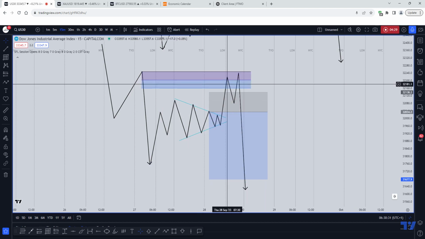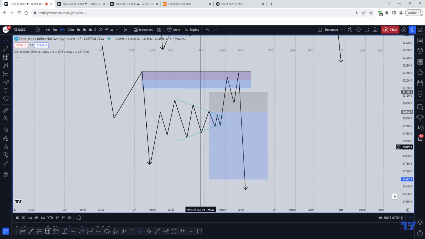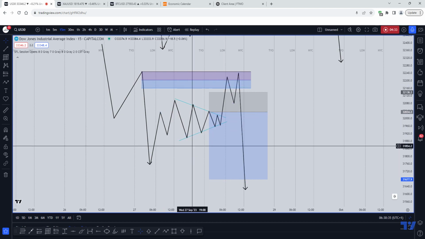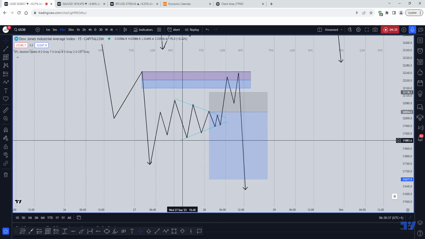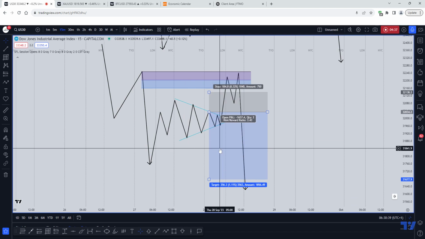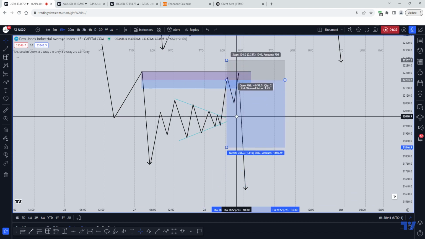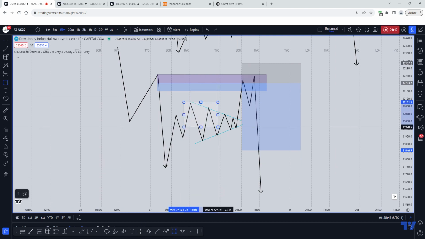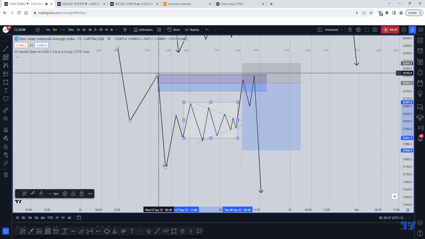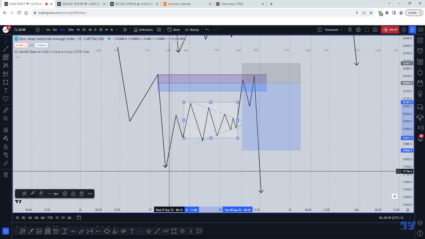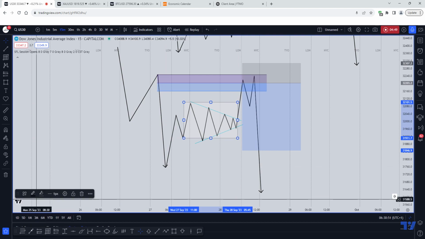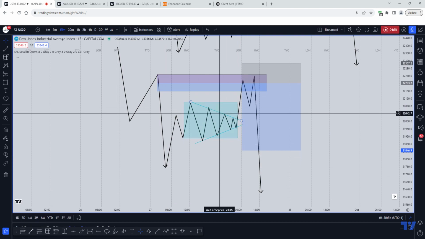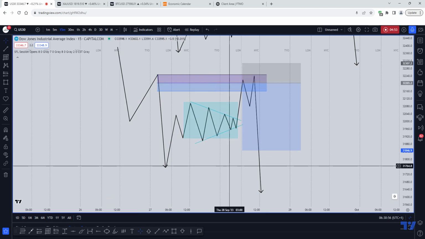So once it's been taken, there's a high probability that the next draw on liquidity will be to the downside to take the ascending trend line lows. Okay, so this is the setup that we're looking at. And essentially, all we're looking at is a bearish move in the direction of the momentum of the market, an accumulation of price just below or above, depending on the direction of the trade that you're looking at.